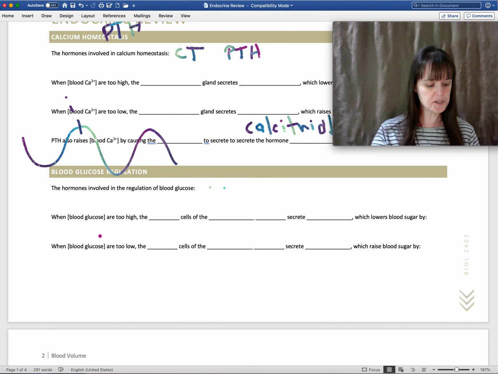And it lowers blood sugar by increasing the glucose uptake into the cells and by making glycogen.